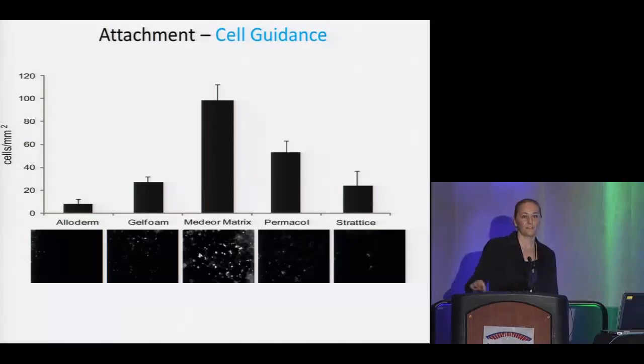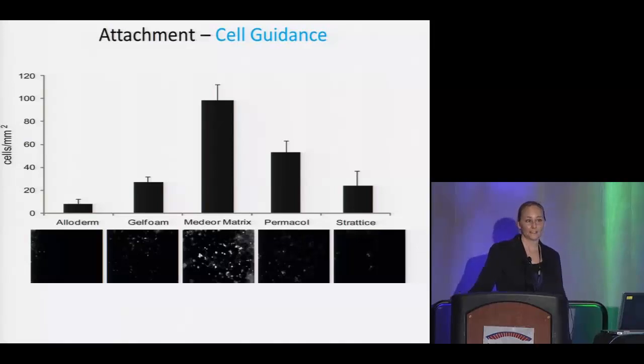Now moving on to attachment and cell guidance. So this is when we're moving from the eluted factors and actually looking at the architecture of the material. Even though if you look at the decellularized material on the gross level, they all look very similar with different collagens. For attachment, it's important for cells often to attach quite readily, otherwise they will apoptose or die immediately.